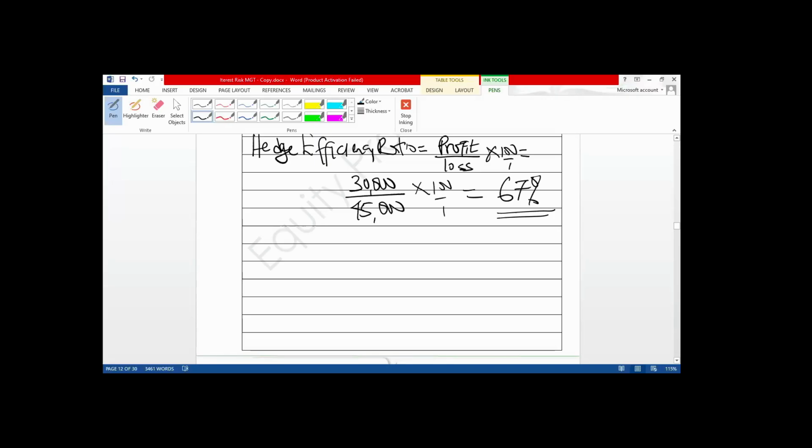Examiner says futures price is 96. At the closing of the hedging, futures price has fallen to 95. Some questions, examiner will only give you opening futures price. It will not give you closing futures price.